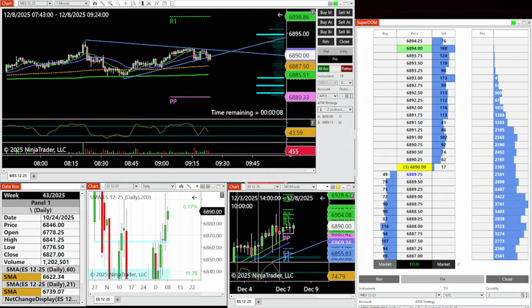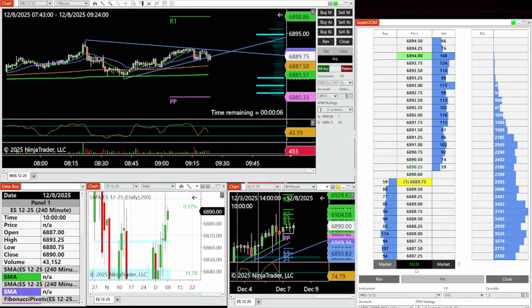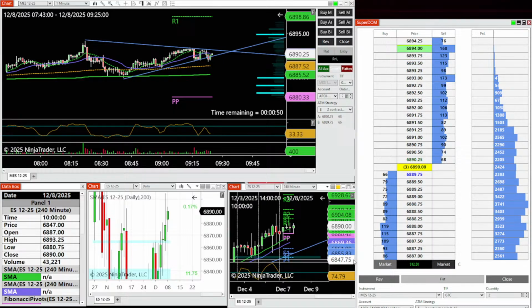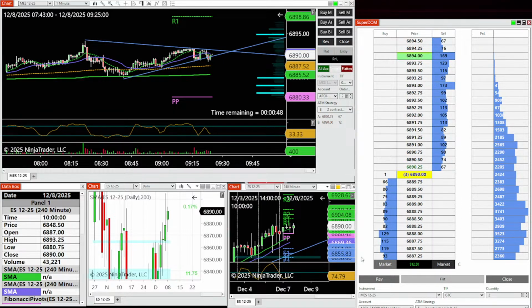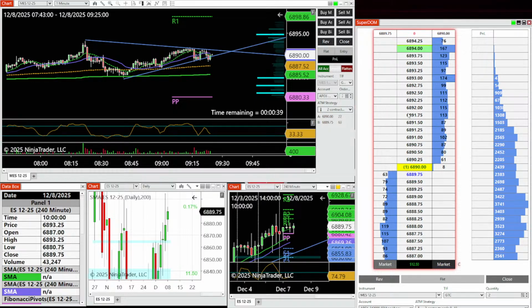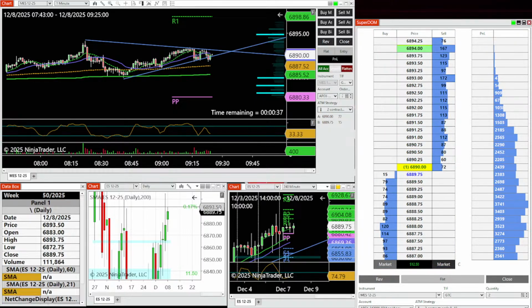Let's see. I only got 1250 out there. Should have been more, but the way I have the account set up, it's trading the same as Apex, where if price goes higher and comes back, that is a drawdown.